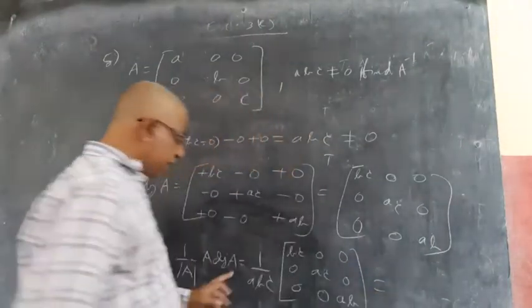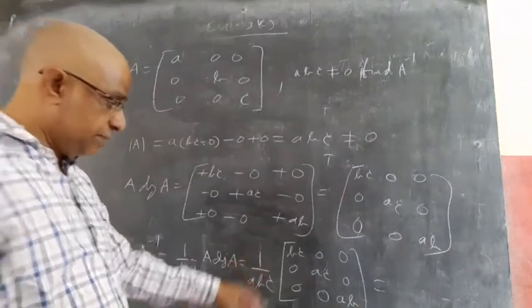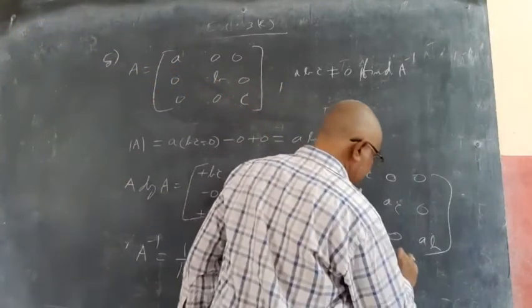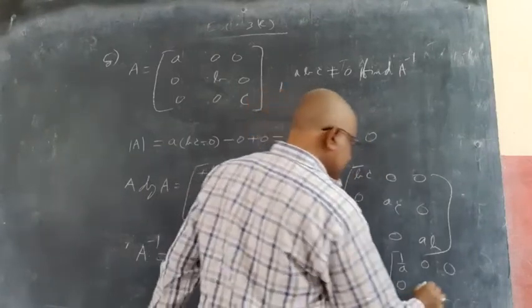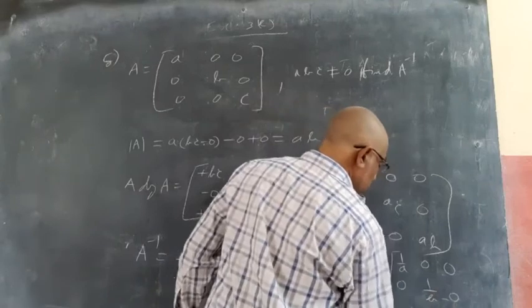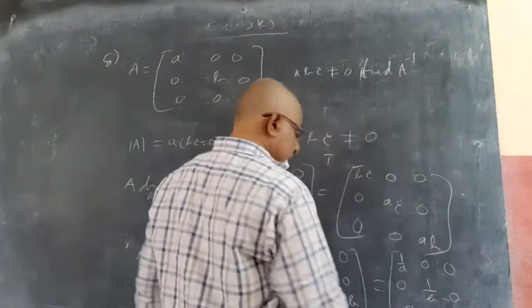Now if you bring 1 by ABC inside, BC cancels, left out is 1 by A, 0, 0. Then 0, AC cancels, 1 by B, 0. Then 0, 0, AB cancels, 1 by C.